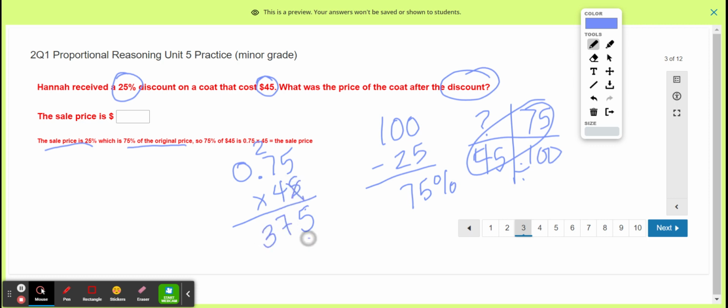When you're done multiplying the 5 spot right there, you're going to go down below and cross it out. 4 times 5 is 20. 4 times 7 is 28 plus 2 is 30. And then put the decimal 2 spaces to the left in your answer.